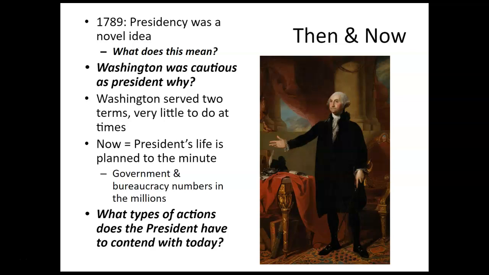But the greatness of George Washington was in his ability to understand, look, I'm the first president. What I do is going to set a precedent for all the future presidents. So when he was doing what he was doing as president, he was very careful.